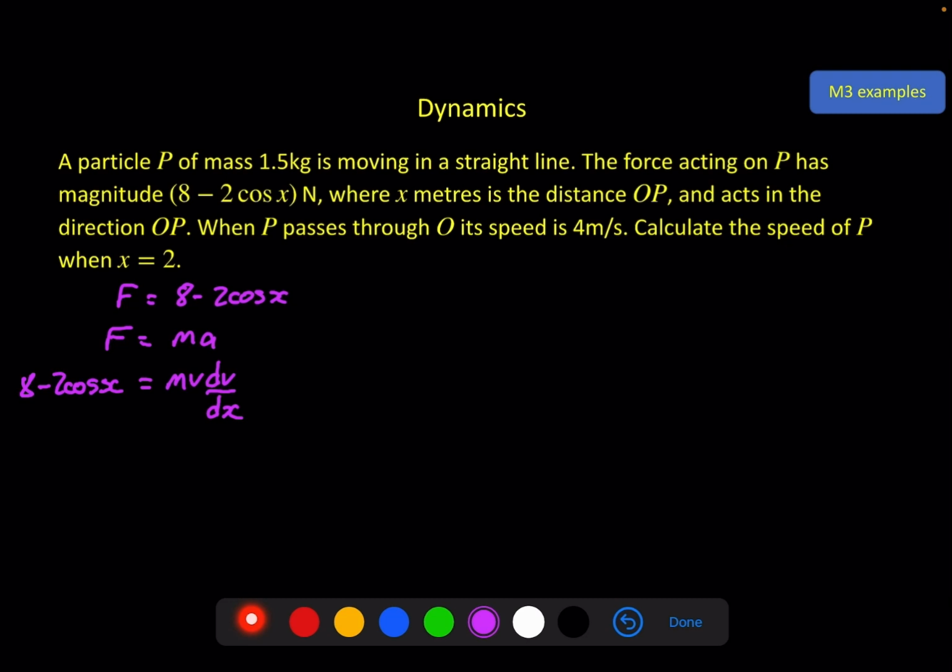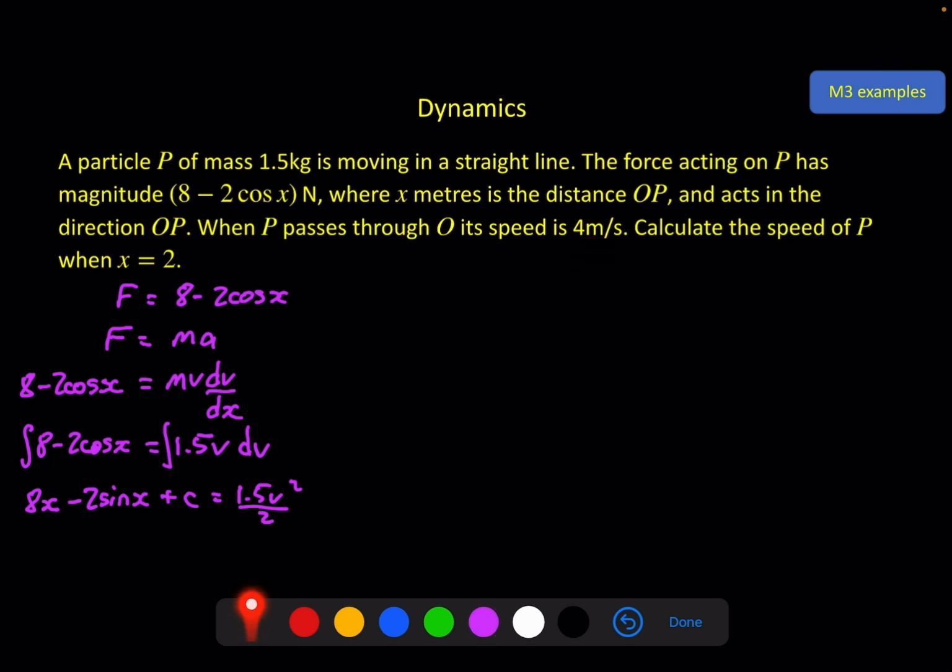So when we separate the variables, we can integrate still. So the integral of 8 minus 2 cos x, if we put in the mass, that's 1.5 v dv. So on the left we get 8x minus 2 sine x plus c is equal to 1.5 v squared over 2. Now we put in our boundary conditions.